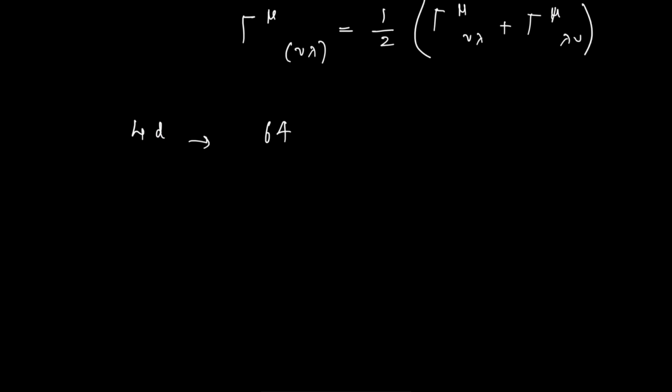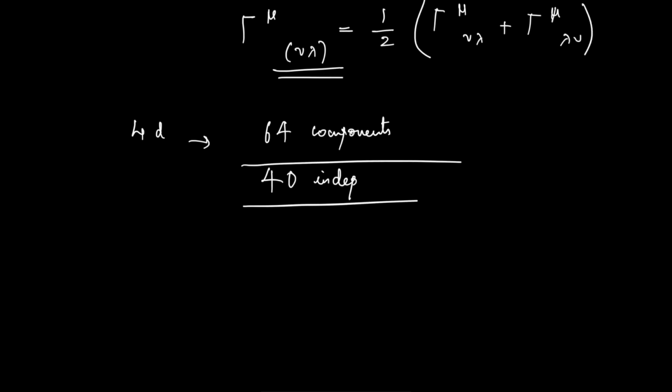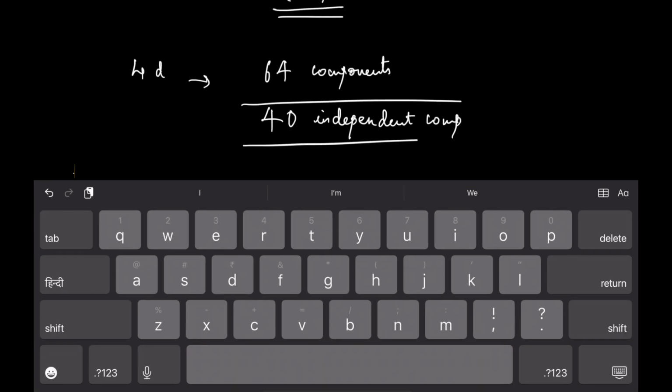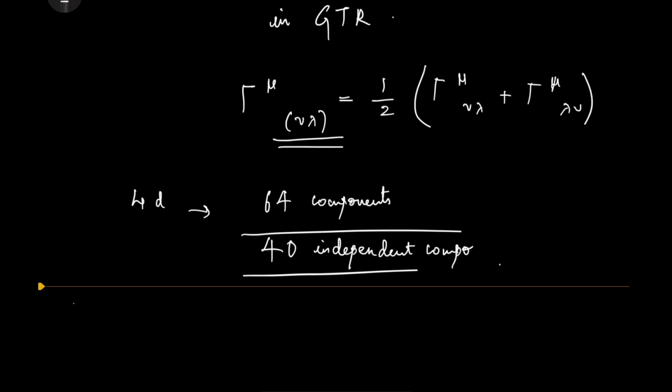If it is symmetric with respect to two indices, there will only be 40 independent components. The others will be the same. If you know these 40, then the others you can also find out.